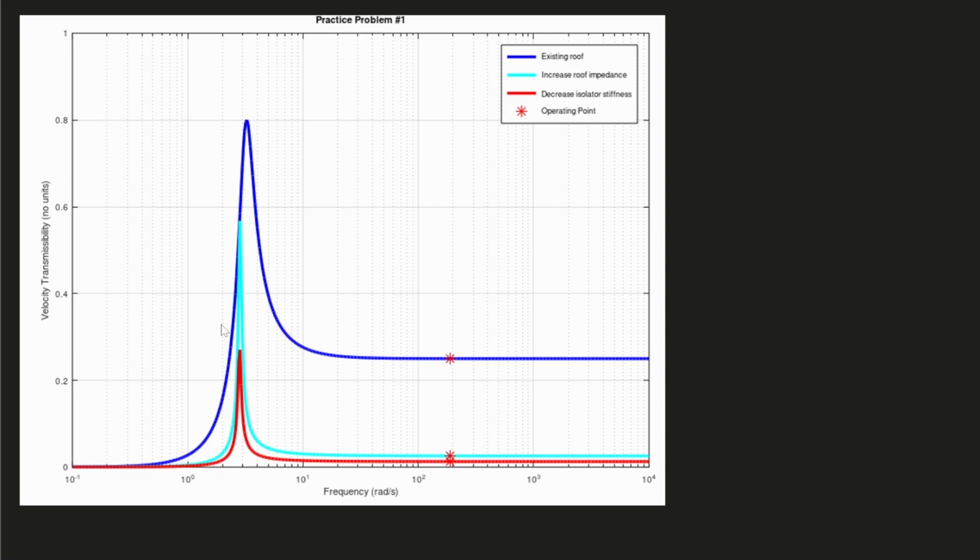We also then see with a higher impedance roof that decreasing the impedance of the isolator mount, in this case by selecting a less stiff mount, can further reduce the transmission of vibration into the structure as well.